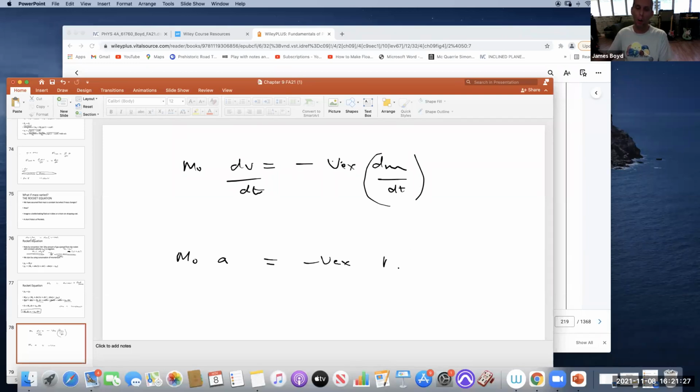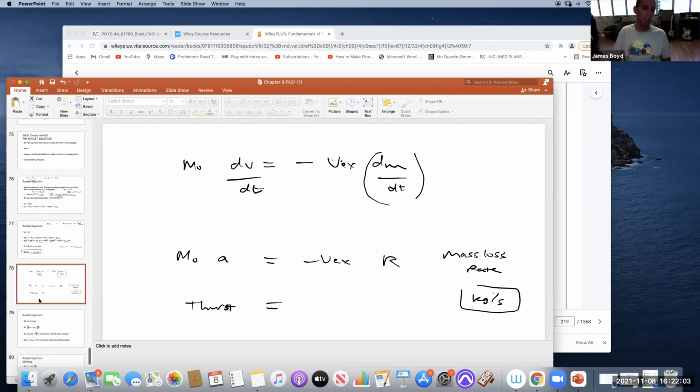We write that as R, and that is the mass loss rate in kilograms per second. So we have this thrust, which is what we call this. The initial thrust is equal to the exhaust velocity times the mass loss rate. It is a negative quantity. Although technically it's a positive quantity because dm is technically considered negative. The thrust is negative v exhaust R. That is our first equation.